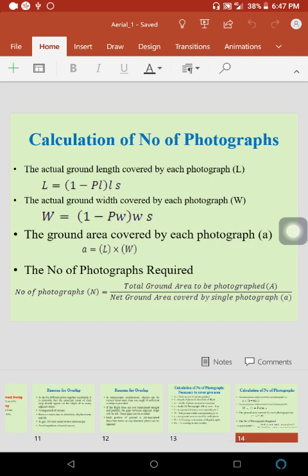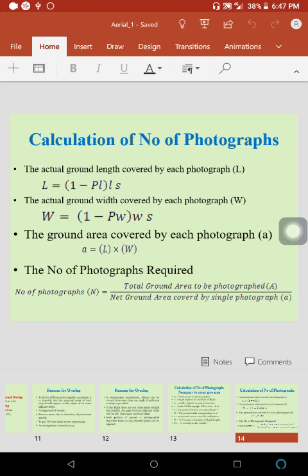Since each photograph has a longitudinal lap, that is the forward overlap, say PL, the actual ground length covered by each photograph is given by the equation capital L is equal to (1 minus PL) into l into S. How does this equation come? PL represents the forward overlap.